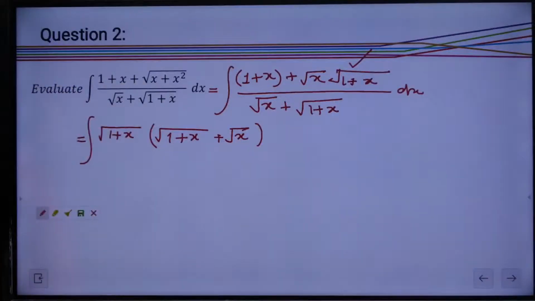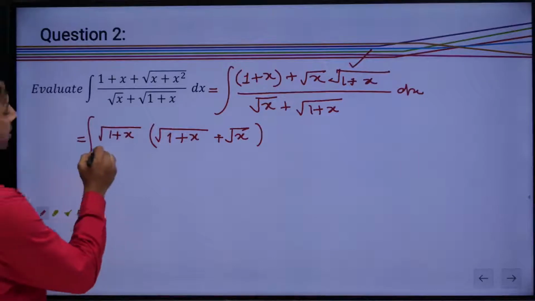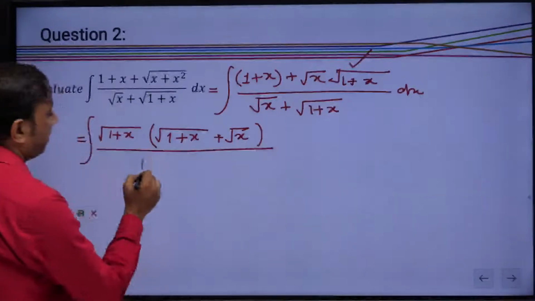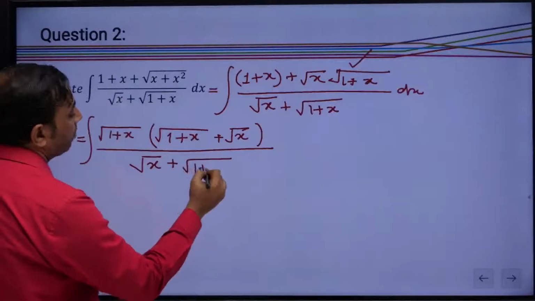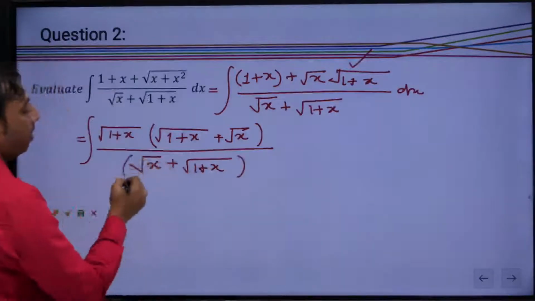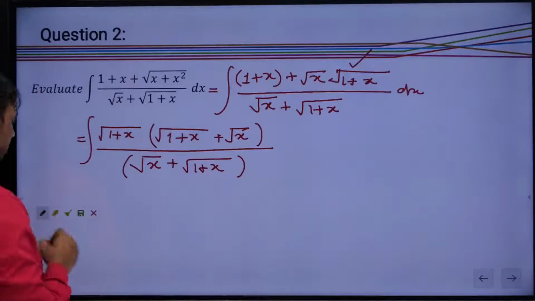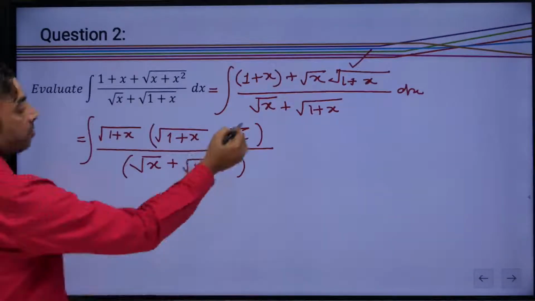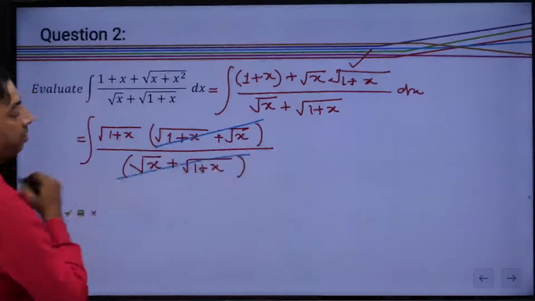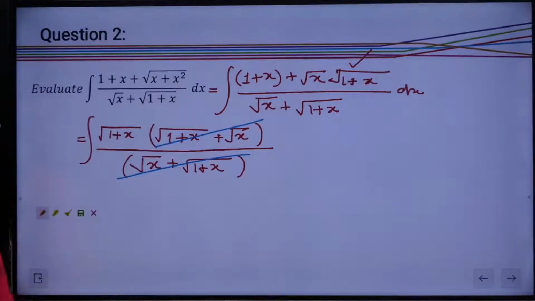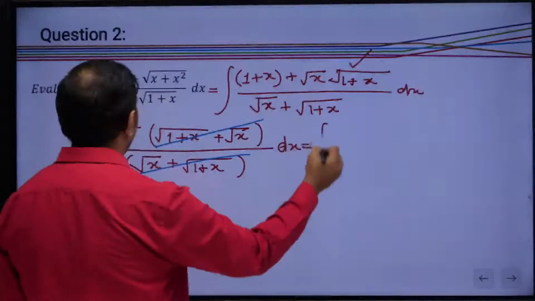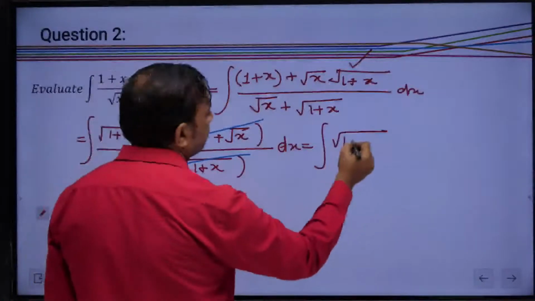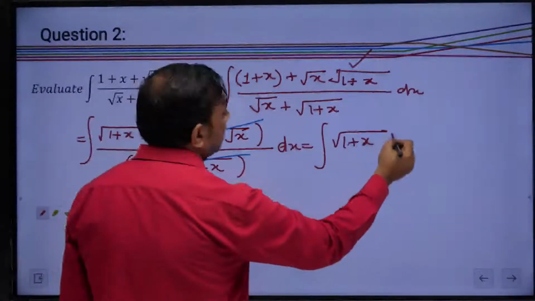This is just taken out from both the terms, and it is divided by root x plus root 1 plus x. Now these two terms can be cancelled out, and what remains? We are left with the integration of square root of 1 plus x dx.